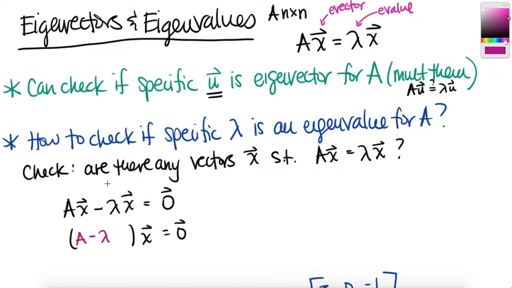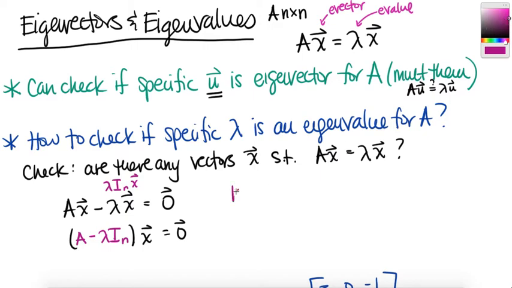So we can write this like this instead: lambda times the identity matrix, multiplied by x, gives the same thing because the identity matrix times x is just x. So really, this is A minus lambda I. And that is nice because this is just a homogeneous equation that we can solve with row reduction.